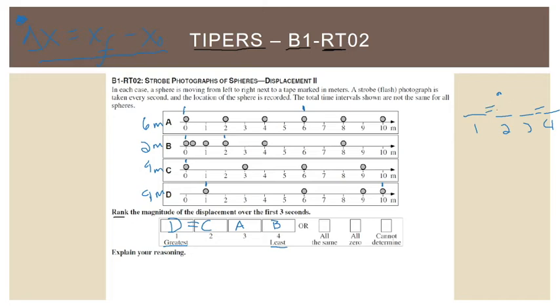They explicitly tell you to do that in the instructions, but it's important to realize you don't need lines for this. You can just write D equals C, which is greater than A, which is greater than B, and you can tell from the greater than or less than signs, depending on how you write them, which one is greater and which one is least. And so that's the idea.